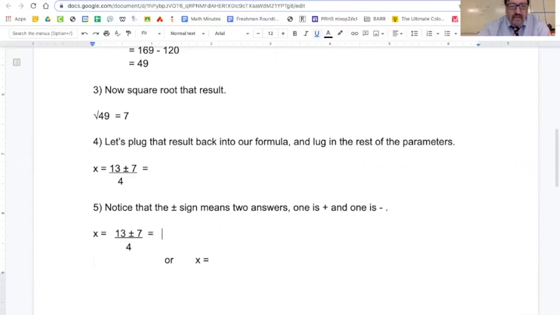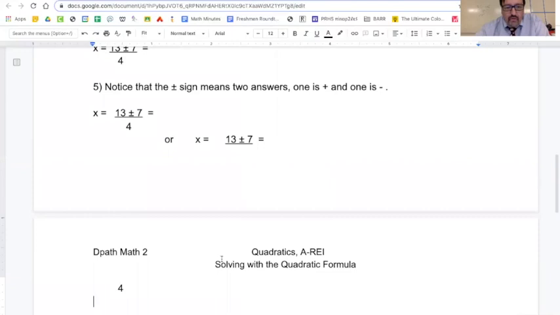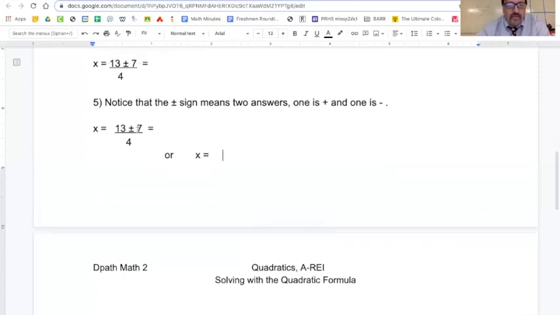What that means is I've got to do 13 plus 7, and then I've also got to do 13 minus 7. Okay, so we've got 13 plus and minus 7. One half of that is plus, and the other half of that is going to be 13 minus 7.